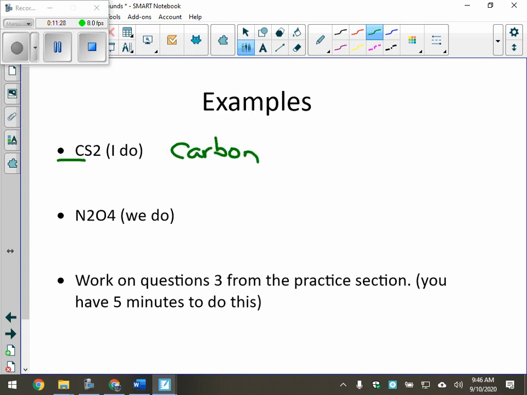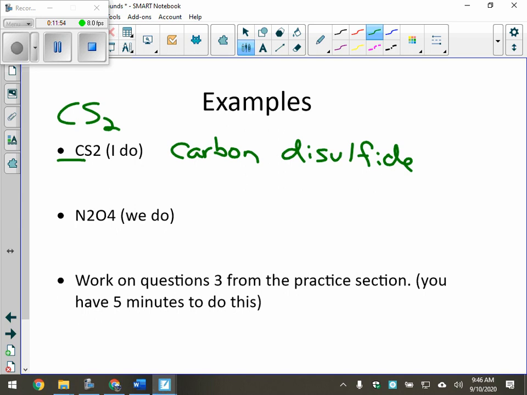We always need a prefix for the second one, no matter what. We need 2, which is di. Sulfur becomes sulfide, so this is carbon disulfide. We're always going to change the ending to "ide." Like I said, we don't need a prefix with the first one because there's only one.